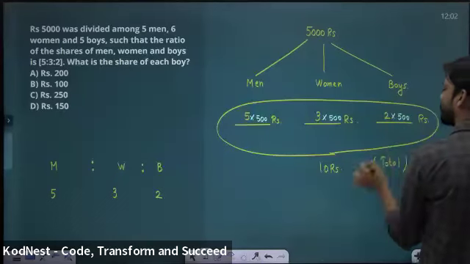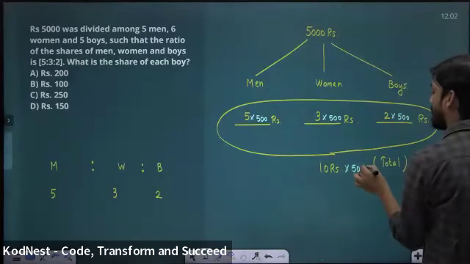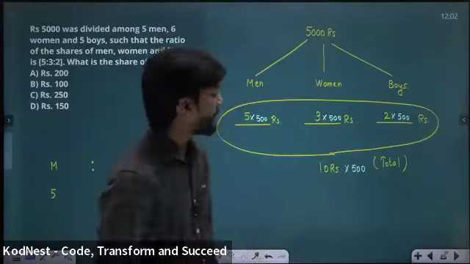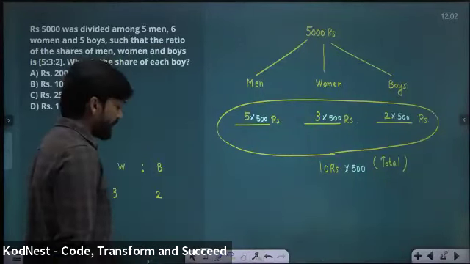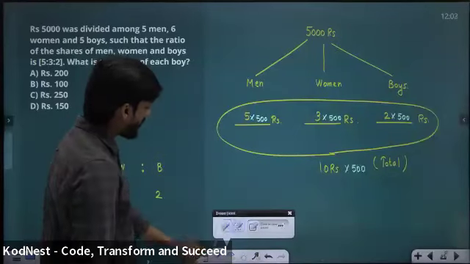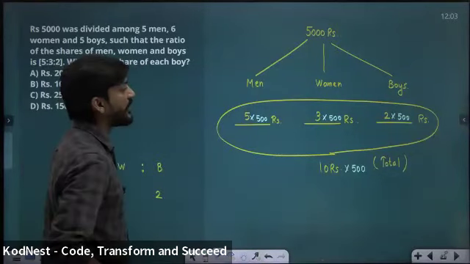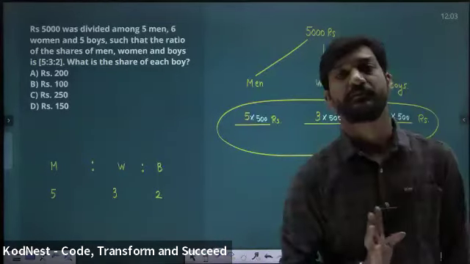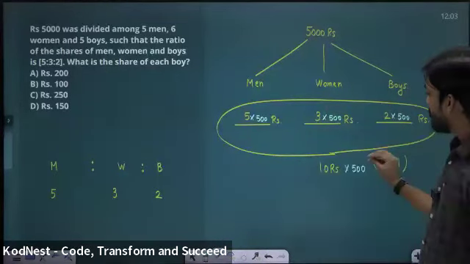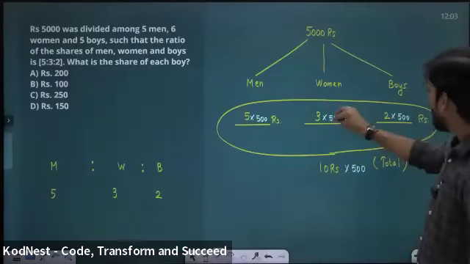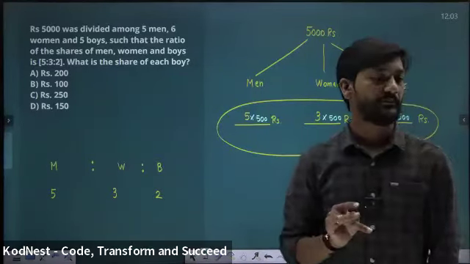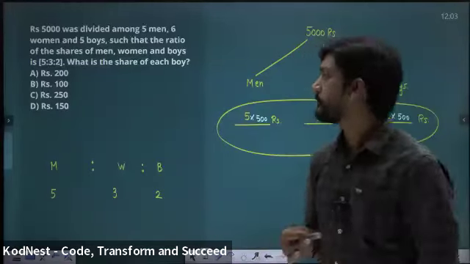Is every condition satisfied or not? Please see carefully. Just one multiplication will give you the right answer, and that multiplication is 500. Is the total 5,000? You can check. The total is 5,000: 2,500, 1,500, and 1,000. Correct.